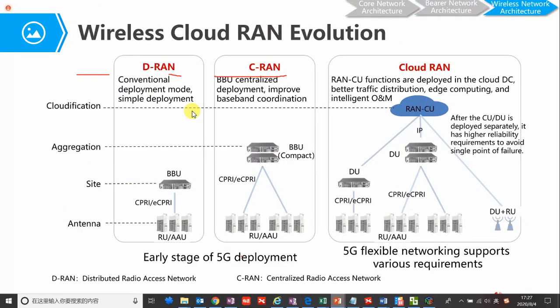And the wireless Cloud RAN evolution. For the wireless network, we also have an architecture evolution: DRAN, CRAN, and Cloud RAN. D means distributed RAN, and C means centralized.